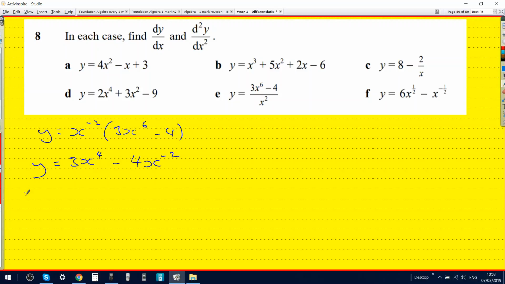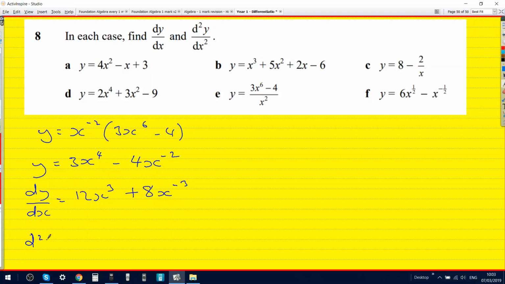Differentiate once would be 12x cubed, and 4 times... 8x to the minus 3.